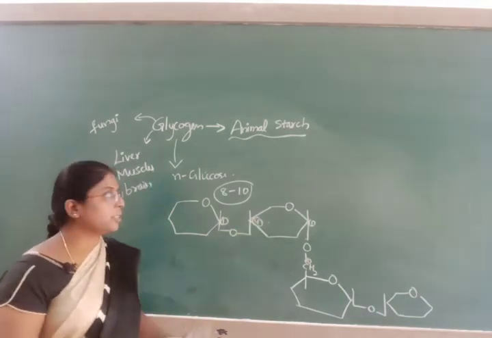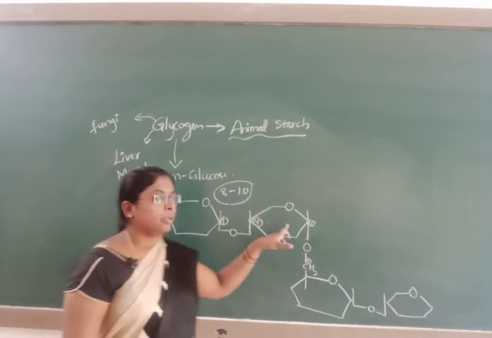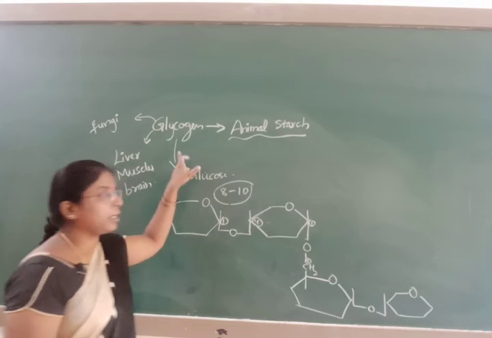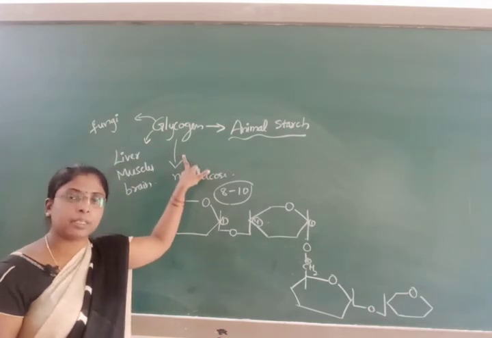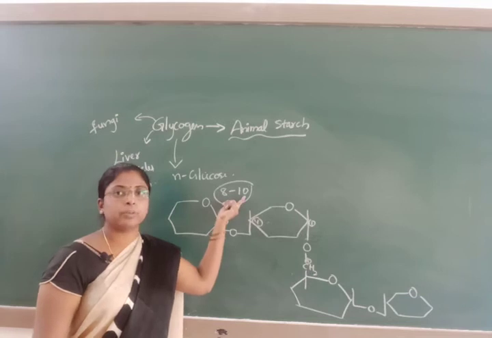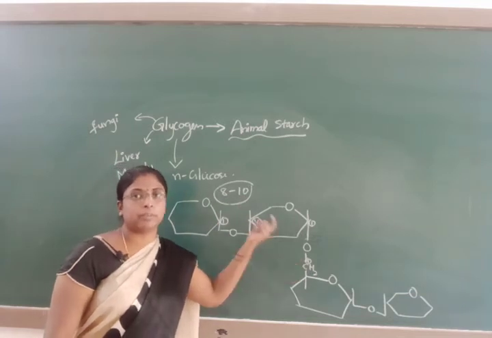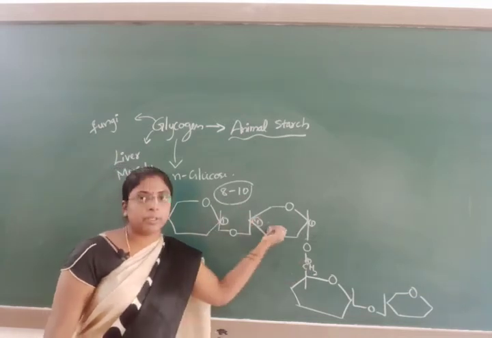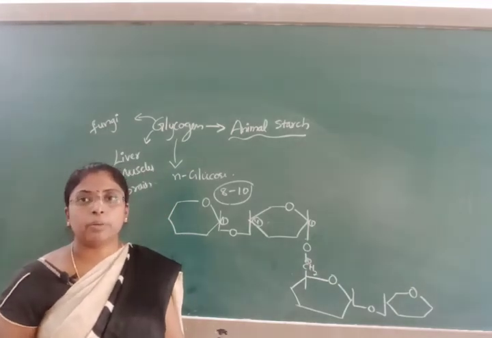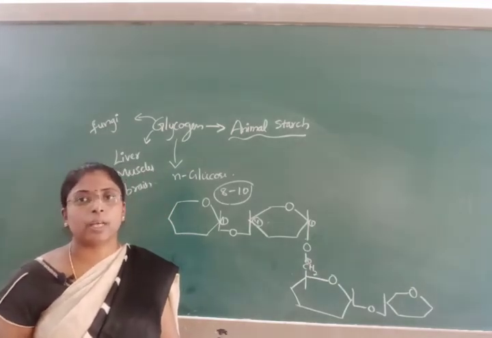What is the difference? After 8 to 10 glucose units branching occurs in case of glycogen, whereas in case of amylopectin after 20 to 30 glucose units the branching occurs. Since after every 8 to 10 the branching occurs, compared to amylopectin, glycogen is highly branched.